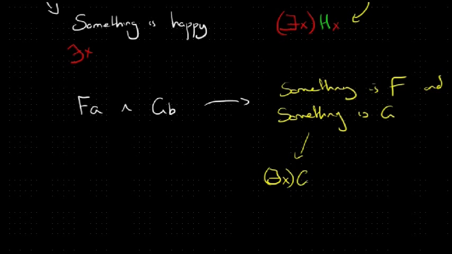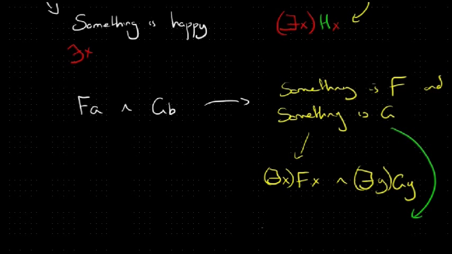So we'd get, there exists some X which is F, and there exists some Y which is G. Or sometimes we'll see it written like this: there exists an X such that there exists a Y such that Fx and Gy.